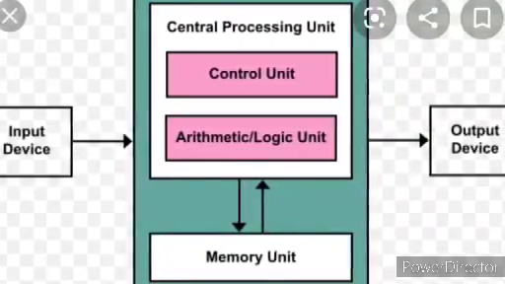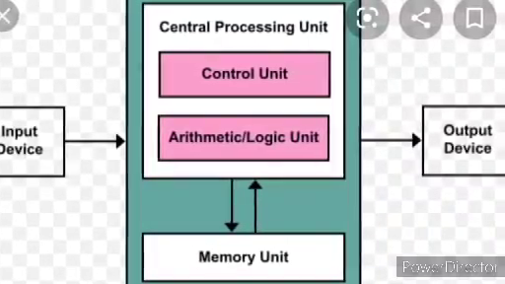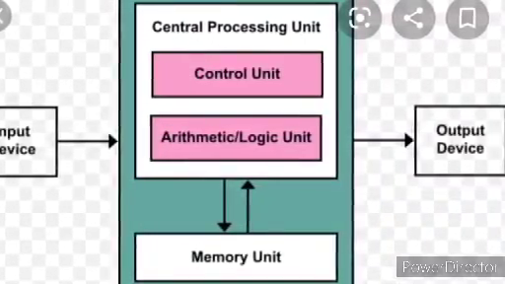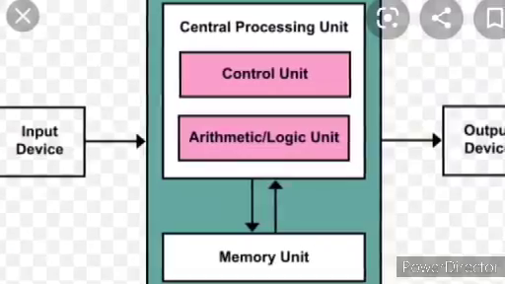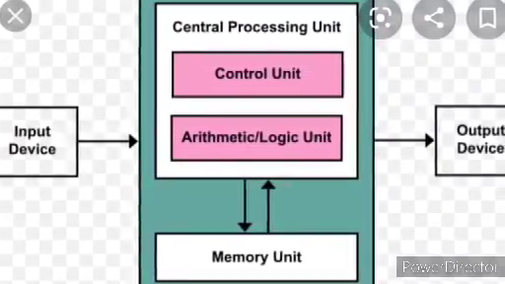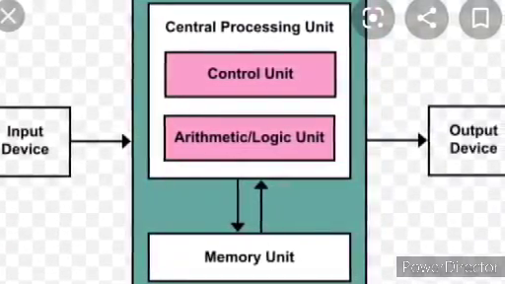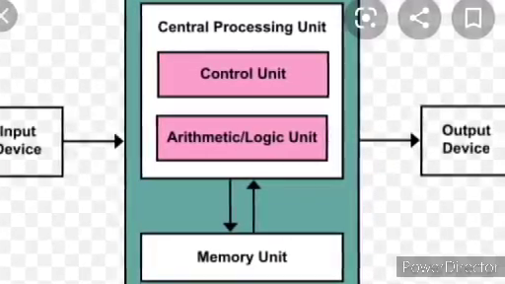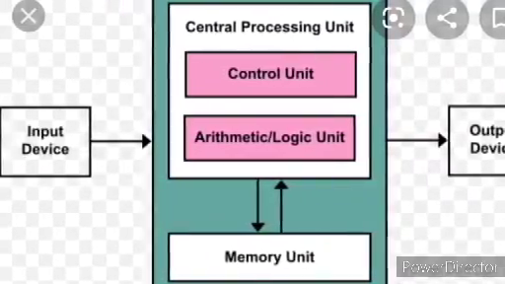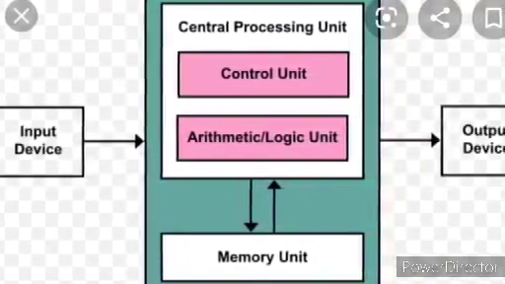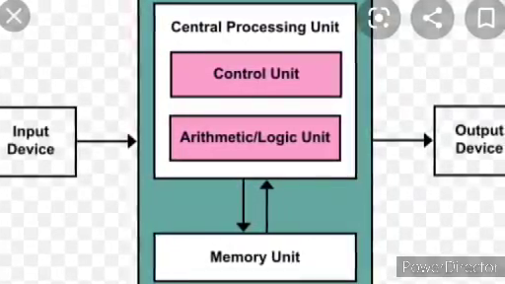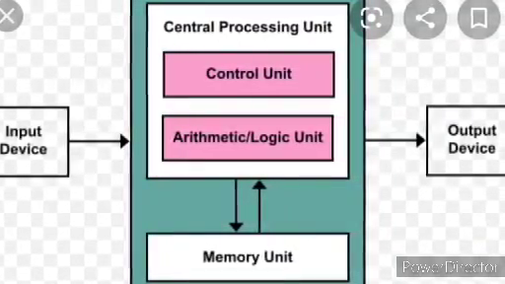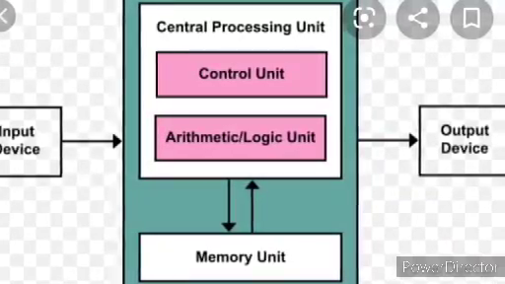After that, it comes to the memory unit, where all the data and information are stored temporarily, and it can be classified into primary memory and secondary memory, and secondary memory is external, that is the CD and pen drive. And then the output comes to the monitor, and we can take the print also.